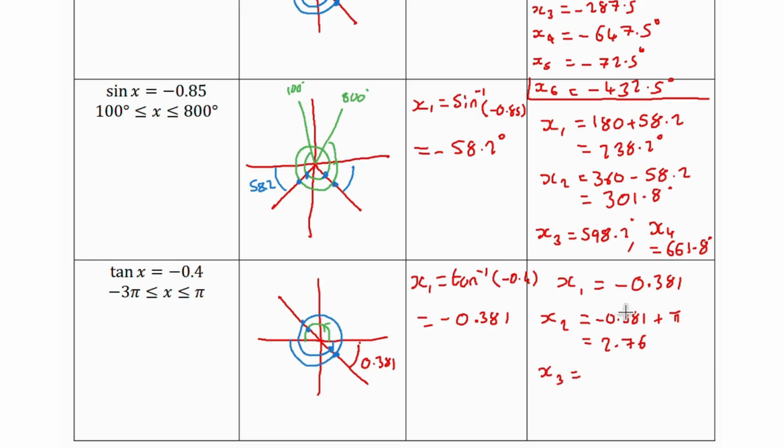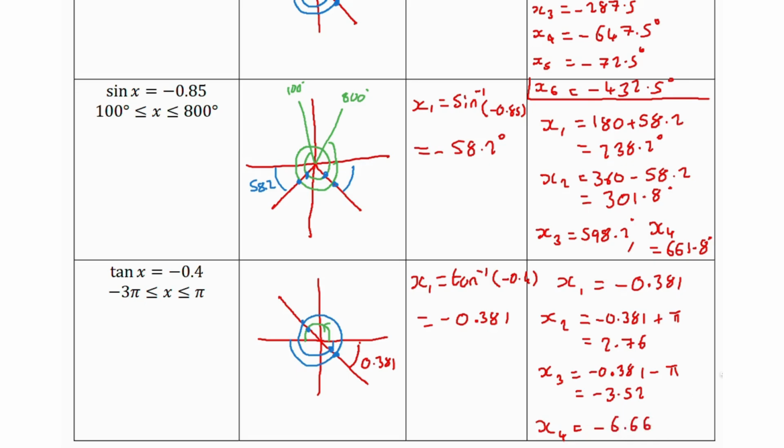To go backwards, we could start at minus 0.381 and take away pi as well, which gives us minus 3.522 or 3.52, and then we can take away another pi to get our final answer, which is minus 6.66.